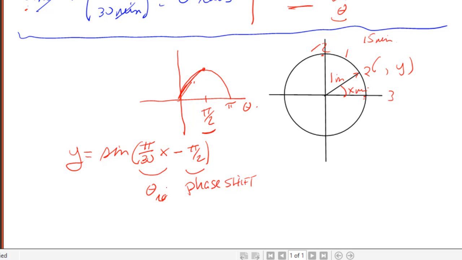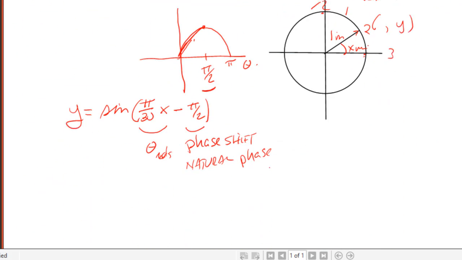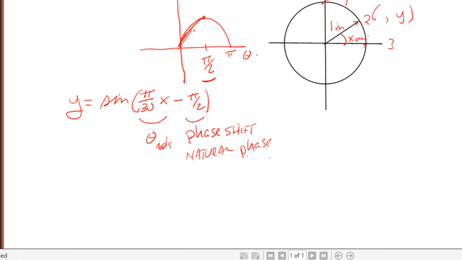So this is all in radians, and that seems pretty natural to me. In other words, natural just means that that's the way I just defined it. So it's just natural, but it's called a phase shift. I called it before a natural period value, but however you want to think of it, it's just how sine is defined.